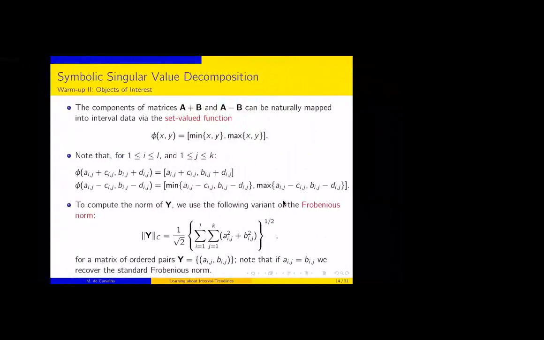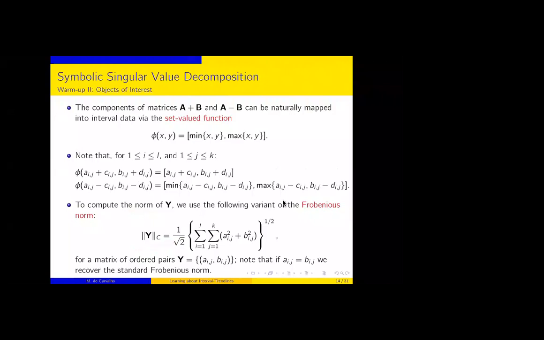In terms of norm, we have to have a length for these matrices that we're studying here, and we'll be using the following norm, which is just a version of the Frobenius norm.